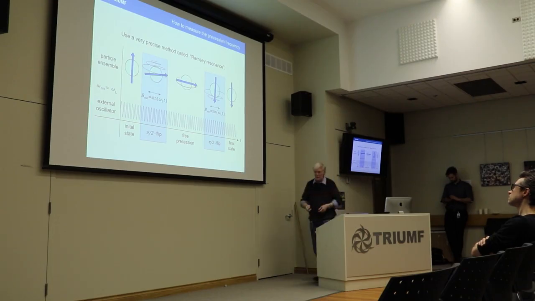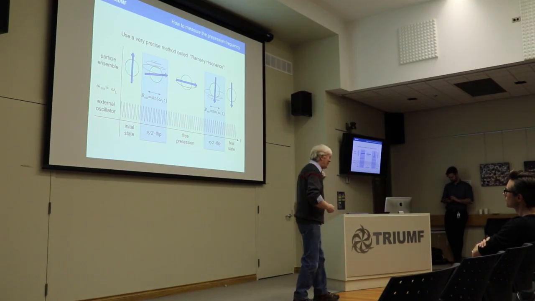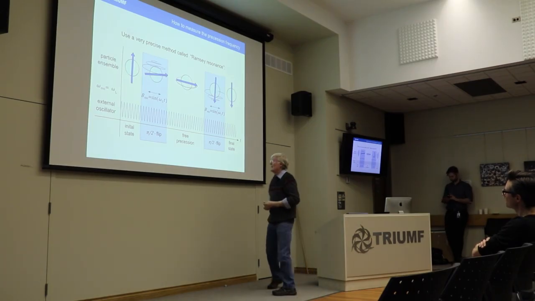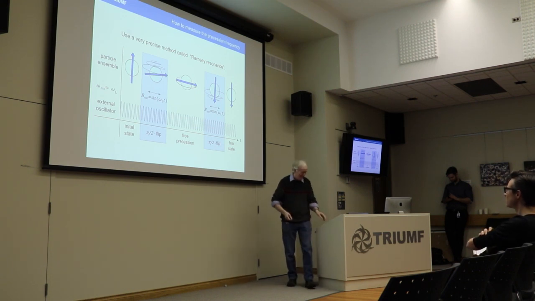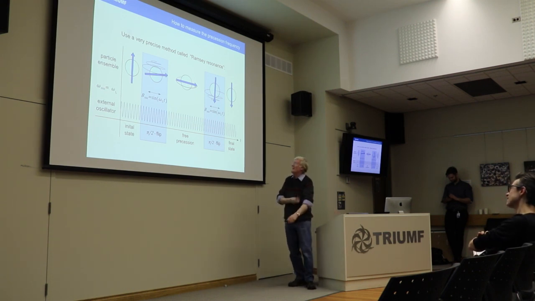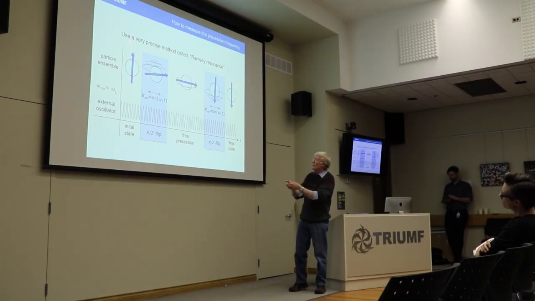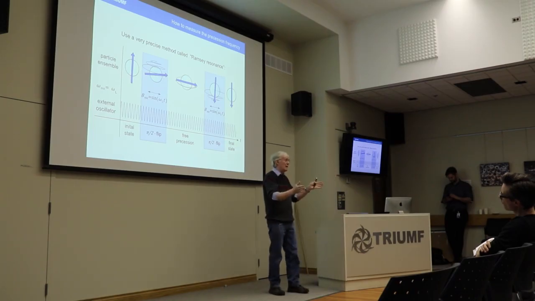So the way you measure the frequency really accurately is by using something called a Ramsey resonance, and you notice the spelling, right? It's not my resonance. I wish it was. I could add a Nobel Prize to my resume. Anyway, so what you do is you get the particles in a magnetic field, and then you can calculate. You know the magnetic moment of the neutron.